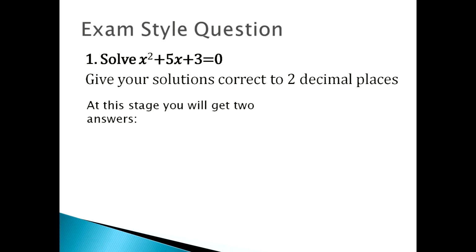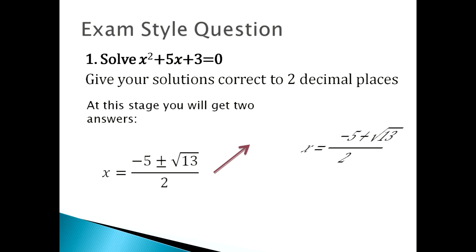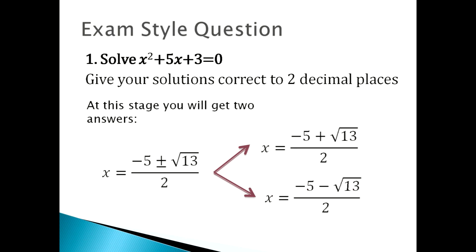At this stage, you'll get two answers, because remember, you have a plus or minus. One is minus 5 plus the square root of 13 over 2, and the other is minus 5 minus the square root of 13 over 2, which means that using the quadratic formula, you will always get two answers.